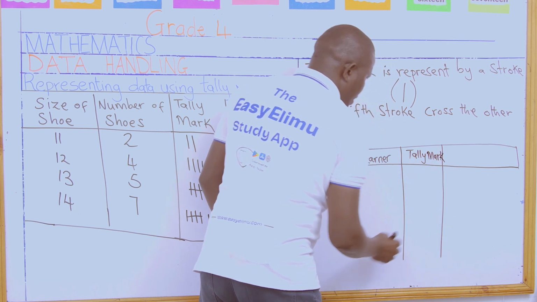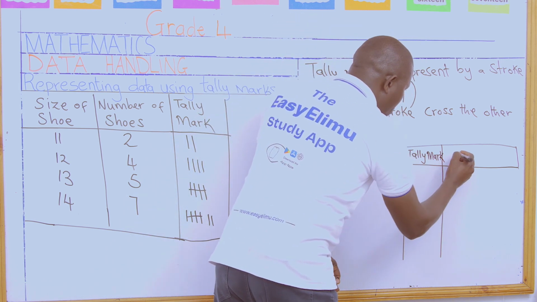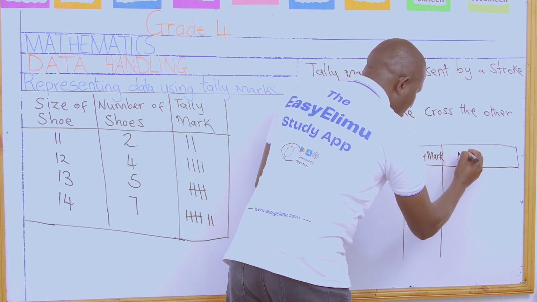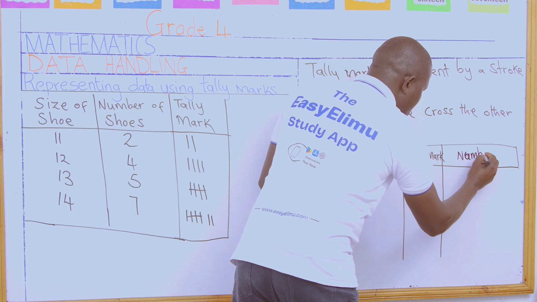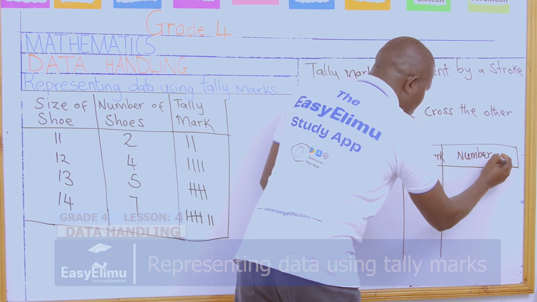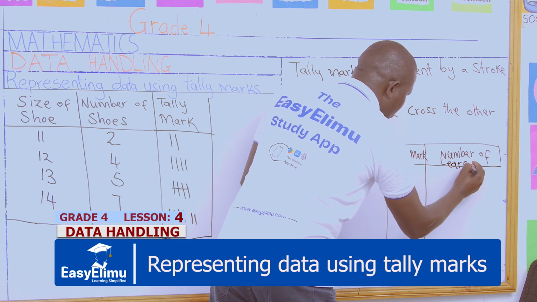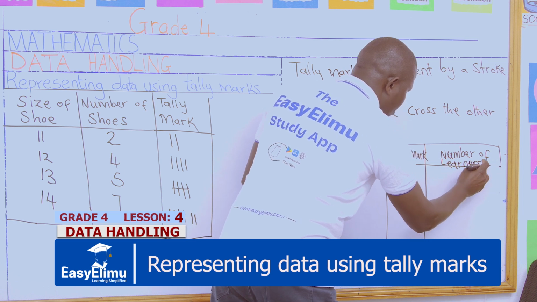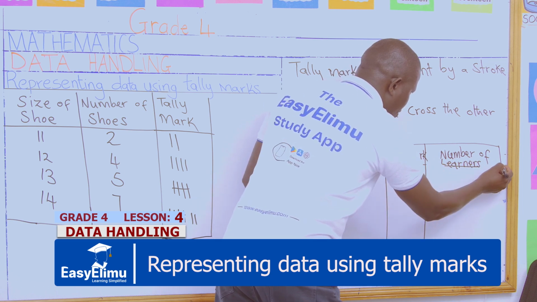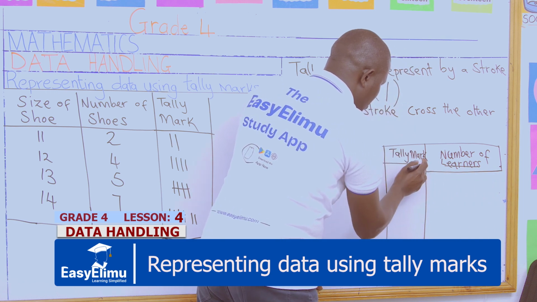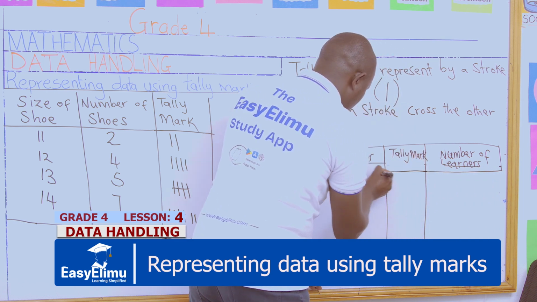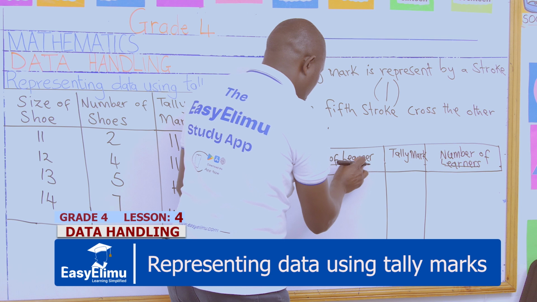And the last one is the number of learners. That is the representation that we will use.